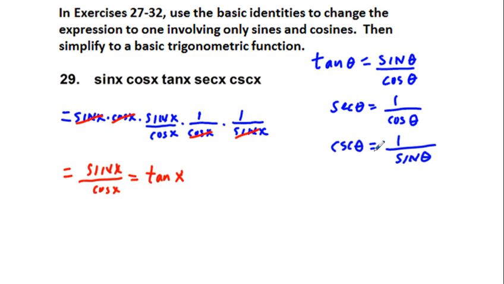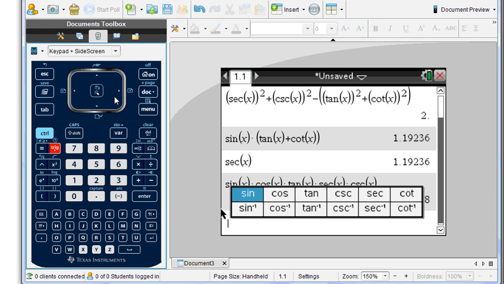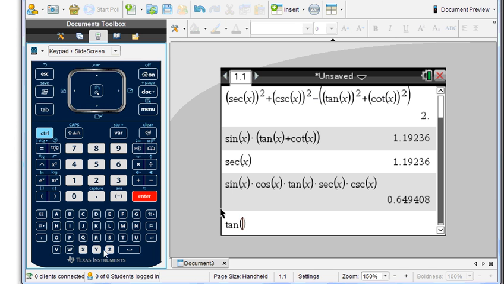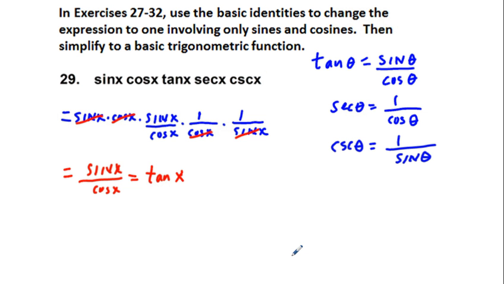There it is, tangent x, hoping that this is equivalent. So we go here to tangent x, and we get the same thing. So we should be pretty comfortable that this is our correct answer, tangent x.